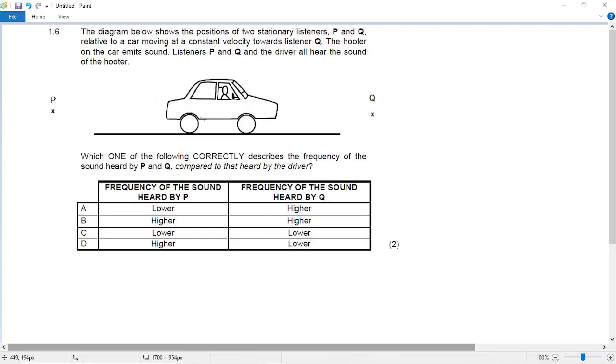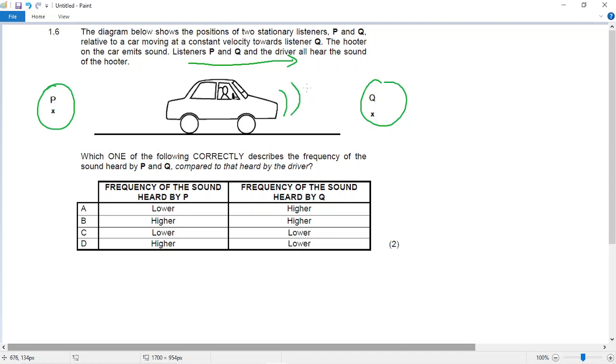The diagram below shows the positions of two stationary listeners P and Q relative to a car moving at constant velocity towards Q. So the car is going that way. The hooter of the car emits sound. Listeners P and Q both hear the sound. So what is happening?